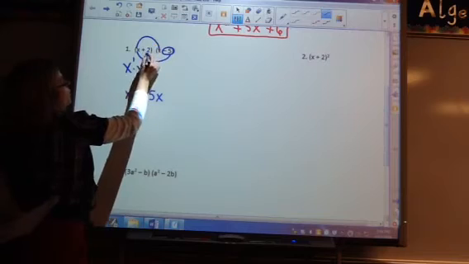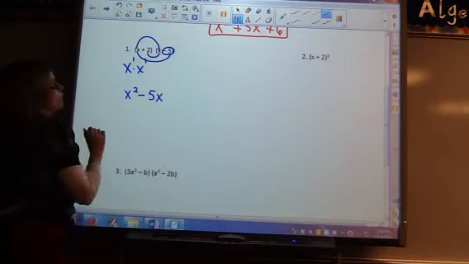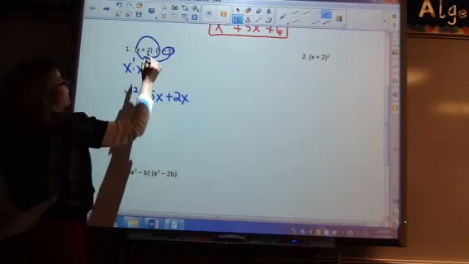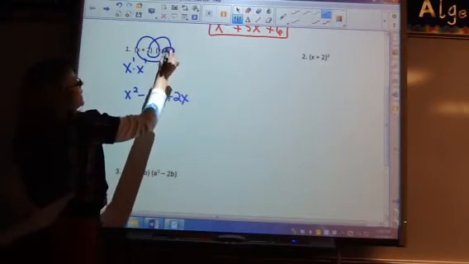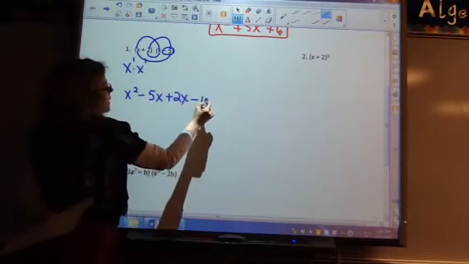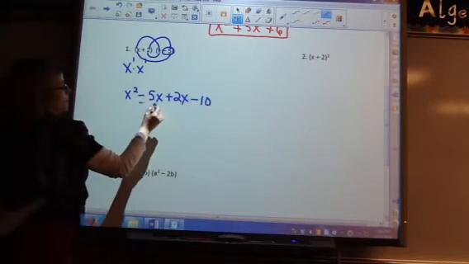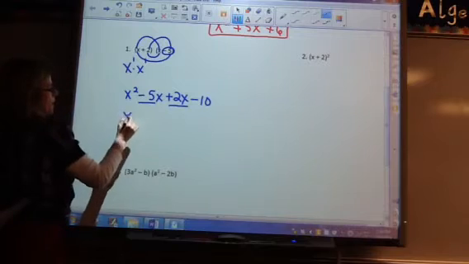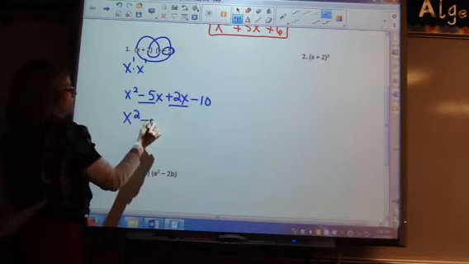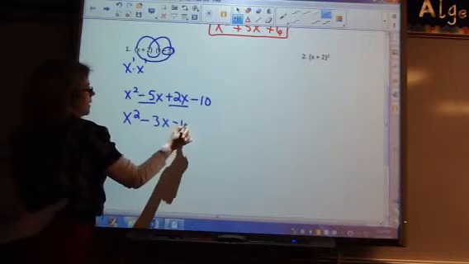And then we do inner, positive 2 times x, positive 2x, and then we do last. A positive 2 times a negative 5 is a negative 10. Combine like terms: x squared, negative 5 plus a positive 2 is a negative 3x, and then negative 10.